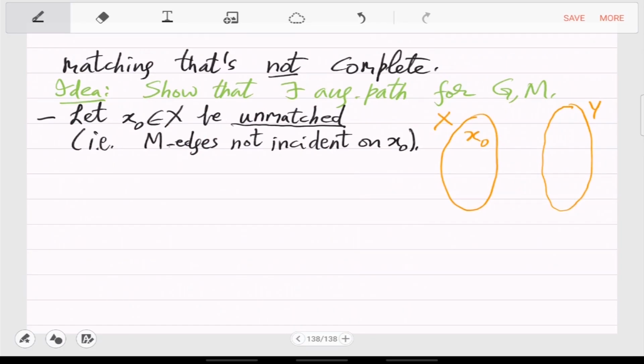So there is an edge, which will give you, let's say, y1. And since we have assumed that x0 is an unmatched vertex, this edge can only be in M complement. So by Hall's condition and by the assumption on x0, you get this picture.